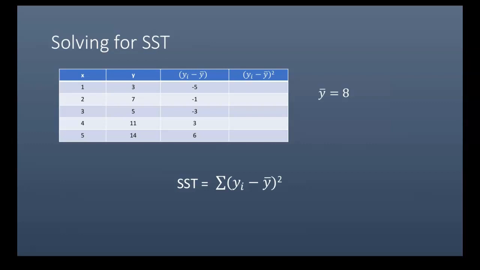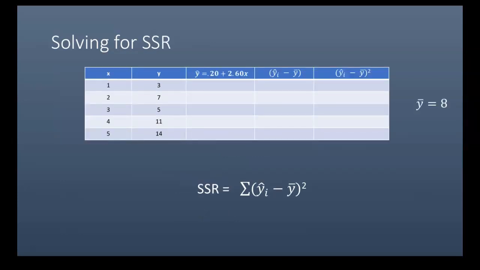Now we need to square that last list. So negative 5 squared is 25. Negative 1 squared is 1. And now we can sum this fourth list that we have. And if we sum up that list, we will get 80. So your SST equals 80.